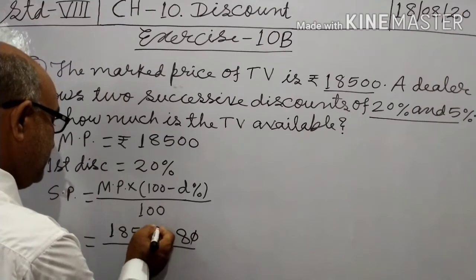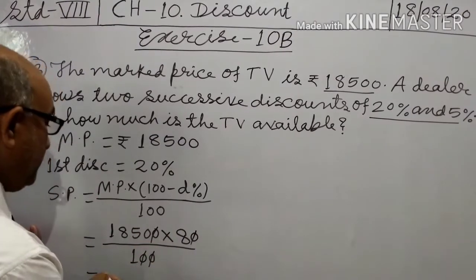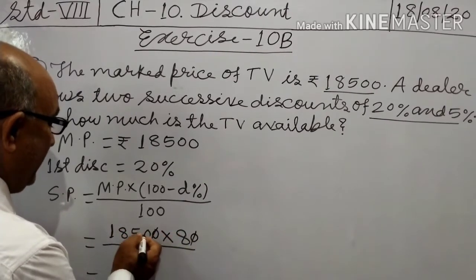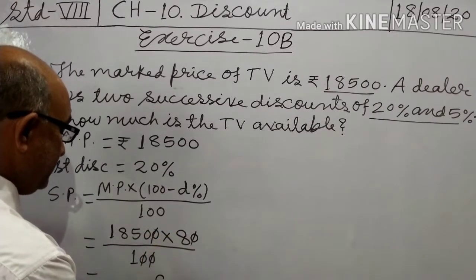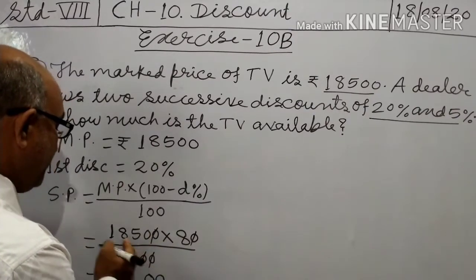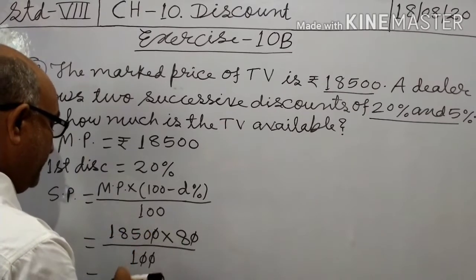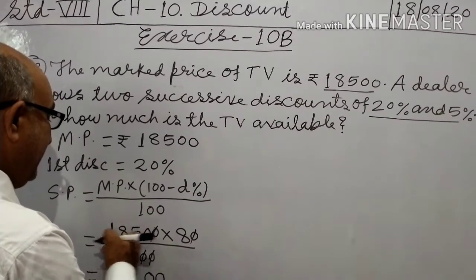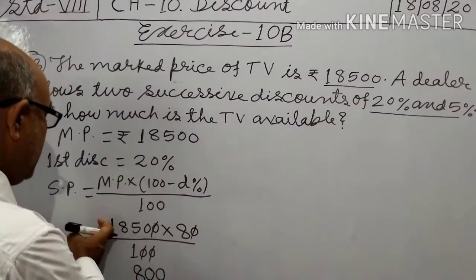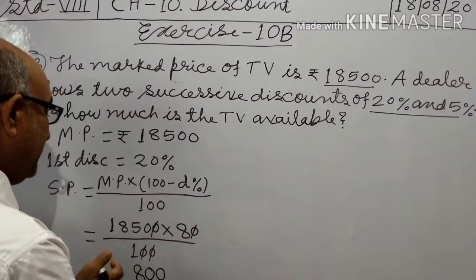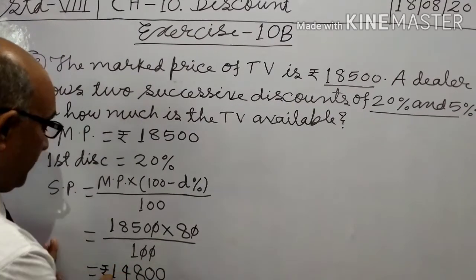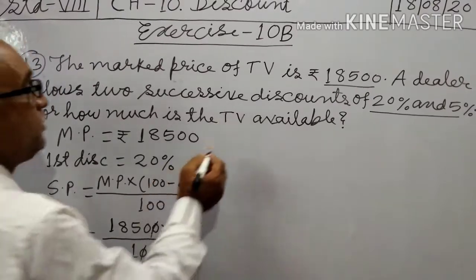Cancel 0 with 0, second 0 with second 0. Equal to 185 multiplied by 8. 5 eights are 40, write 0 carry 4. 8 eights are 64 plus 4, 68, write 8 carry 6. 1 eight is 8 plus 6, 14. Rupees 14,800.